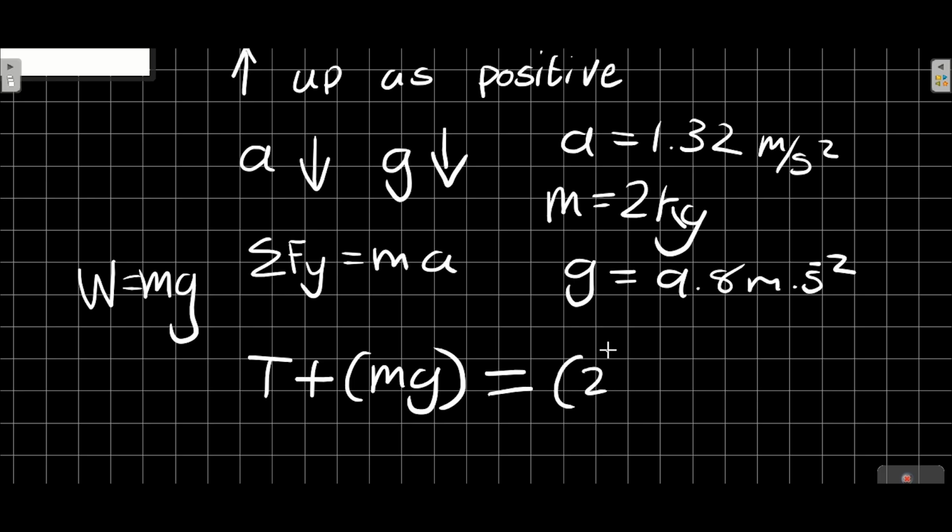M is 2 kg, and our acceleration is 1.32, but in the downward direction. And we said up is positive, so that'll be negative 1.32.